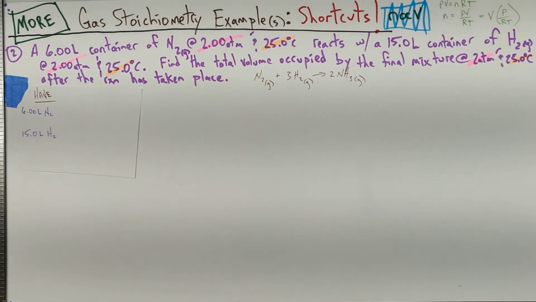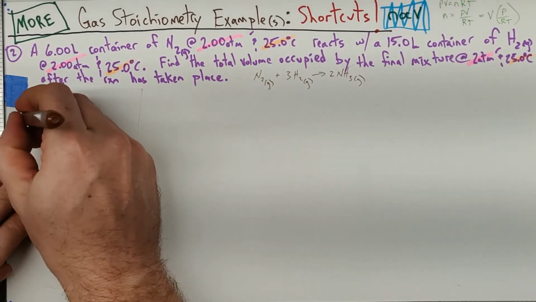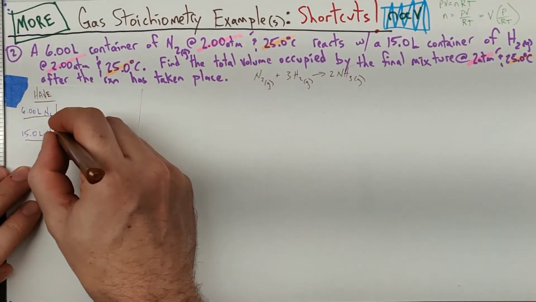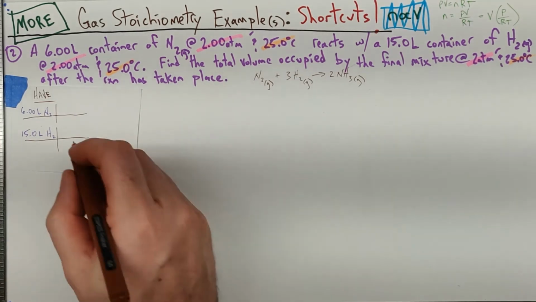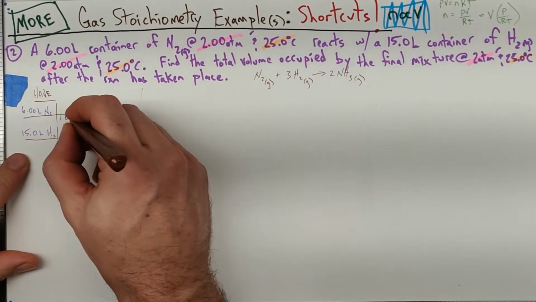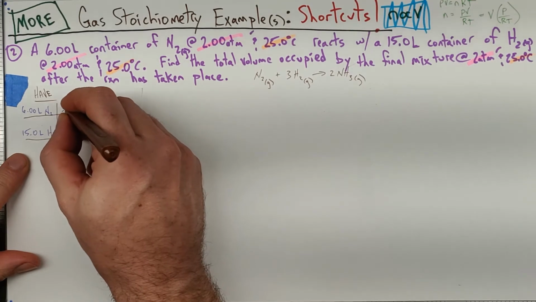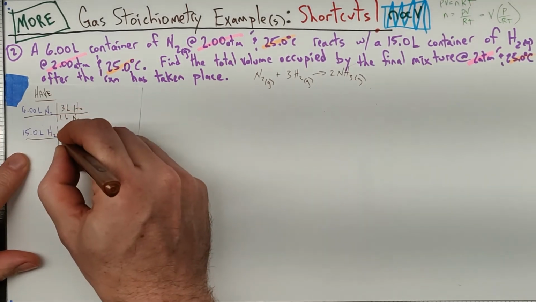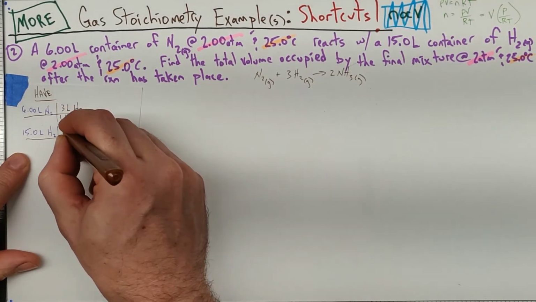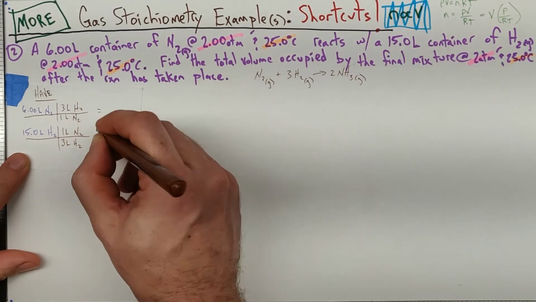So let's take care of this stoichiometry over here. We have a 1:3 ratio. For every 1 liter of nitrogen, there's 3 liters of hydrogen. For every 3 liters of hydrogen, there's 1 liter of nitrogen.